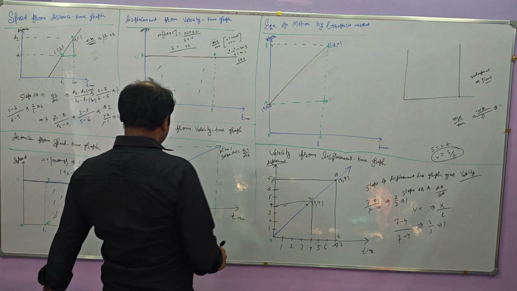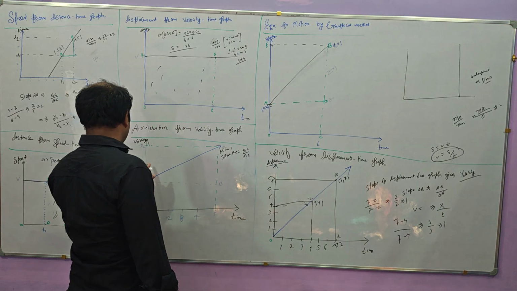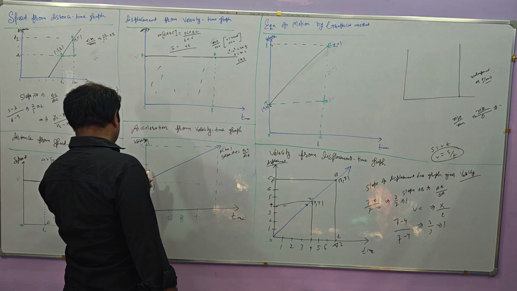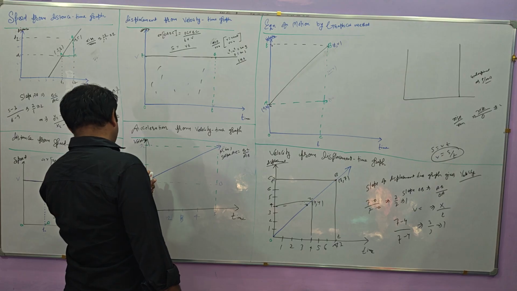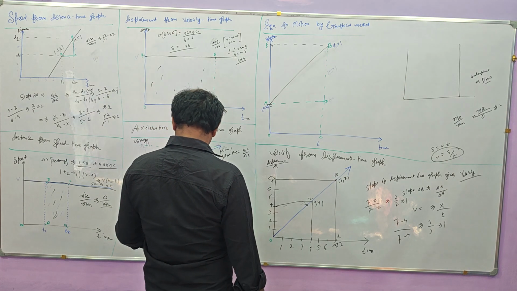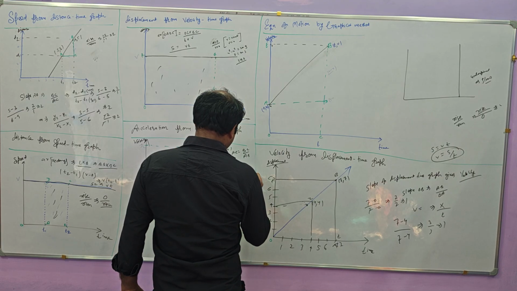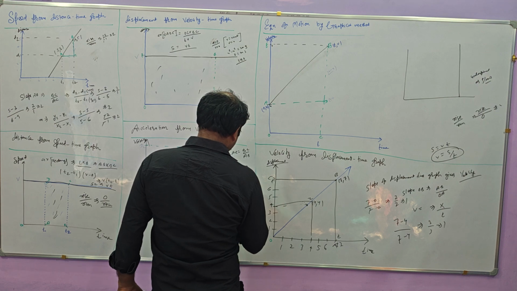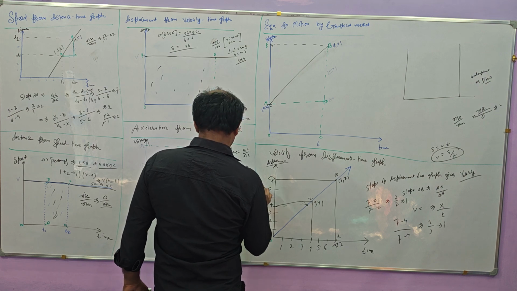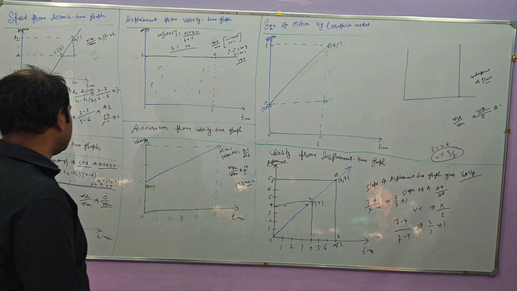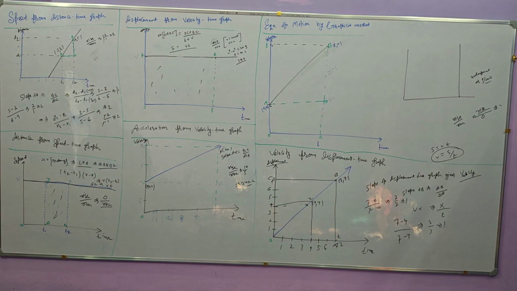As rise and run, there is a difference of 10 in rise and 5 in run. Rise upon run, we have 10 by 5, that is 2 meter per second square. Acceleration becomes 2 meter per second square.